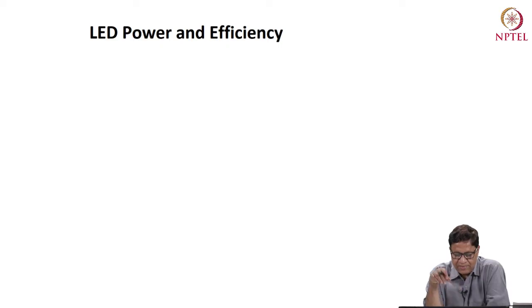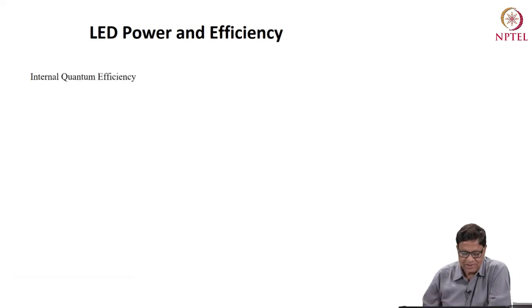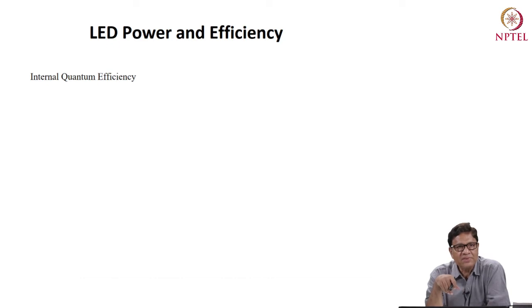Now we have understood about the spectral width. Let us understand about the LED power, how much power is emitted, and also the efficiency part. Let us take first the efficiency. There are two types of efficiency which are defined.